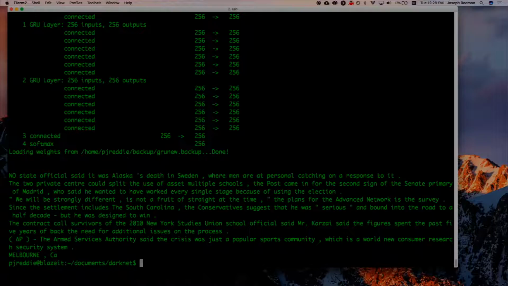Here's a little artifact. This is clearly supposed to be a news article from the AP. I think this is pulling from a bunch of different sources, but one of them is text data from news articles. So it says things that sometimes make sense, but once you read the whole sentence, there's not really a lot of semantic meaning.